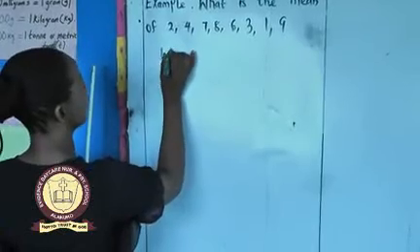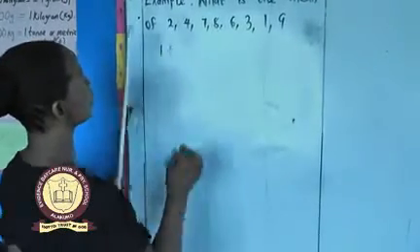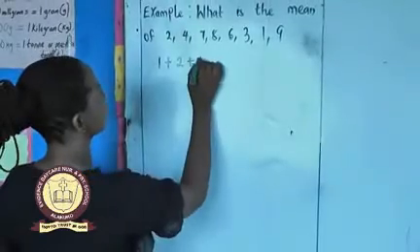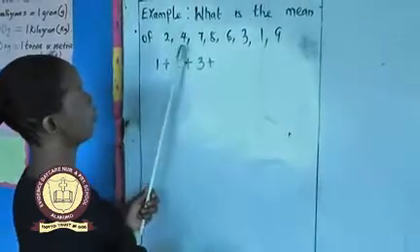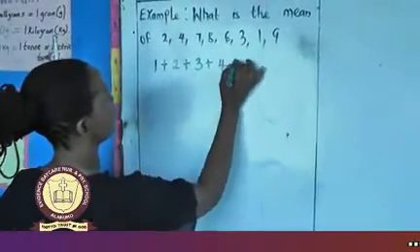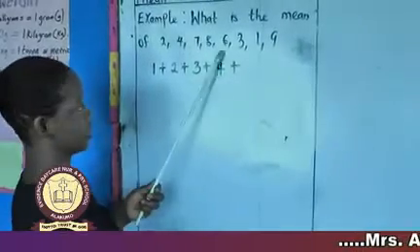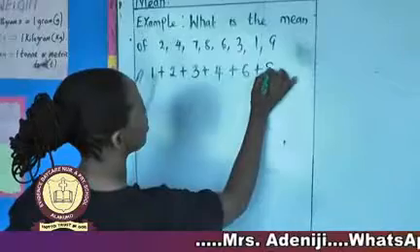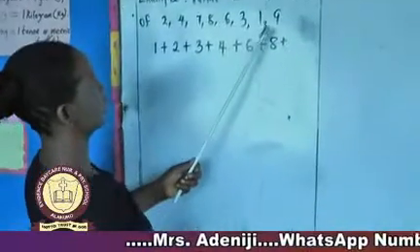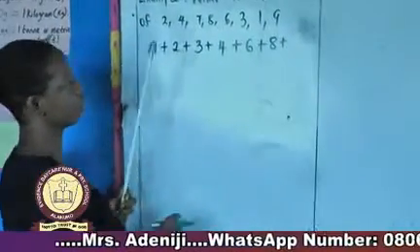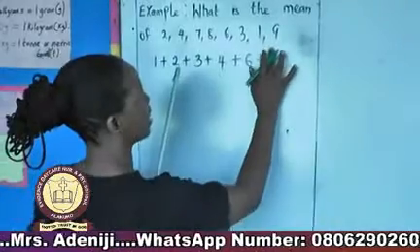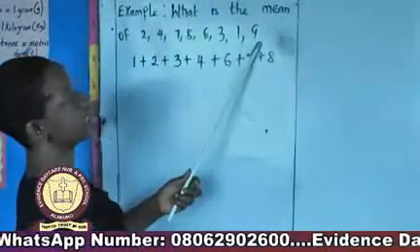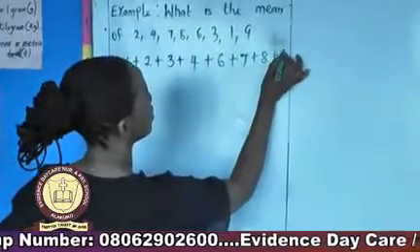You now say 1 plus, the next number is 2 plus, we have 3 plus 4 plus, we don't have 5 but we have 6. 6 plus 8 plus, we have 7. So 7 will come before 8. So let's write 7. 7 plus 8. And the last number is 9 plus 9.